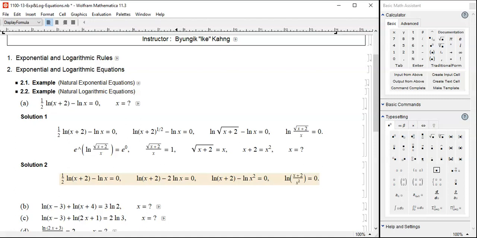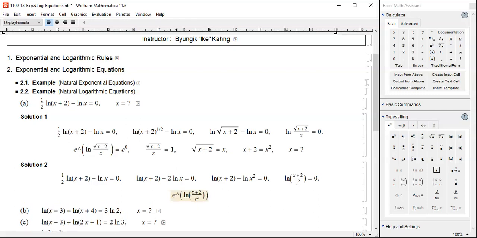And then we can take the exponential of both sides. Experienced students will skip this step, but let me write it anyway. Exponential and logarithmic cancel each other out, so we have just x plus 2 over x squared.